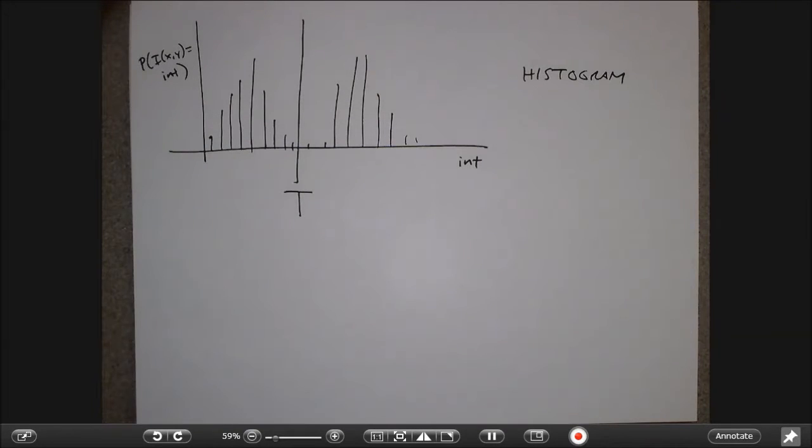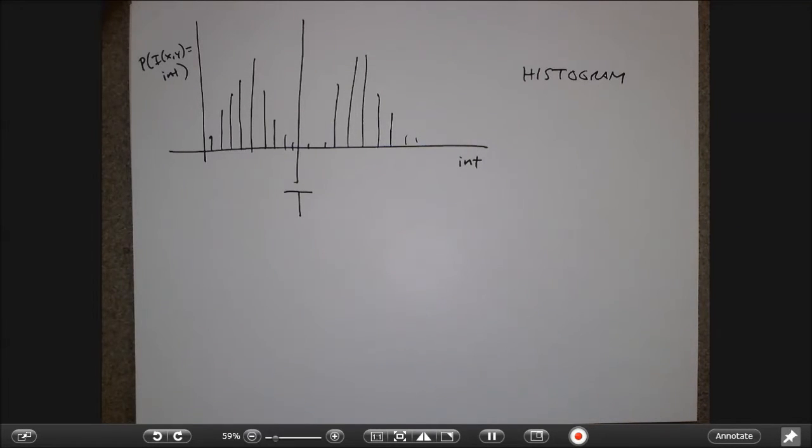The easiest way, obviously, is to try and choose a t that works for the entire image, right? Which is easy to implement, but sometimes may not give us a good result. The alternate approach is to choose a local threshold, where say around every pixel, I have a pixel-specific threshold that tells me what should be foreground, right? We're going to talk about that a little bit later in the lecture.